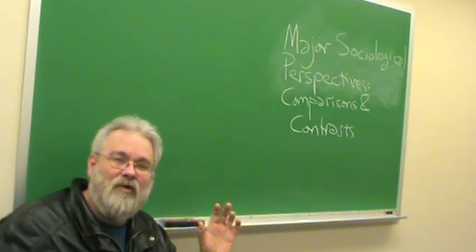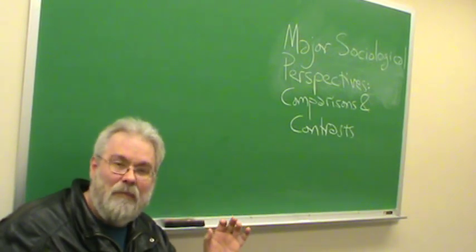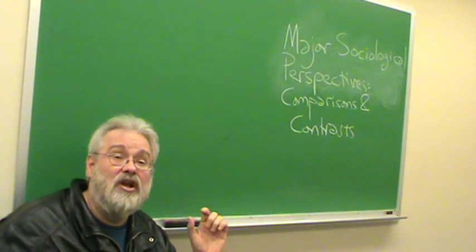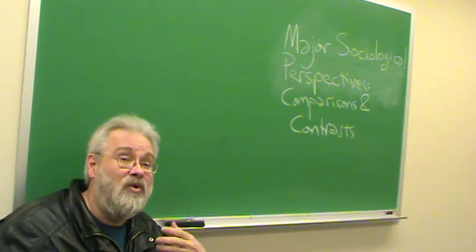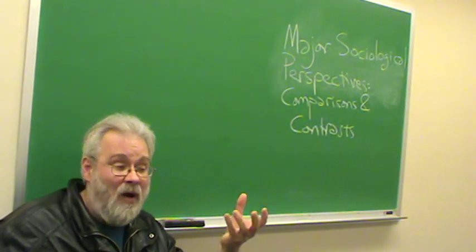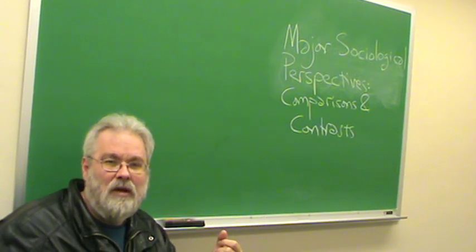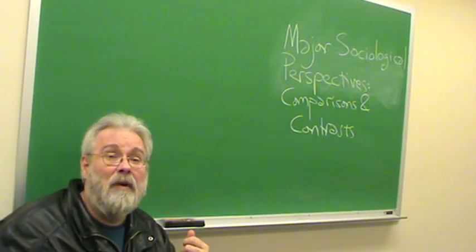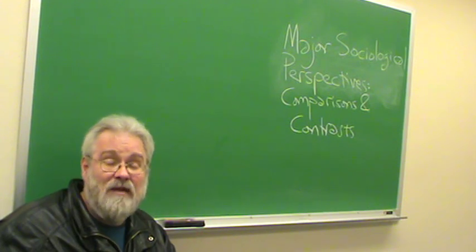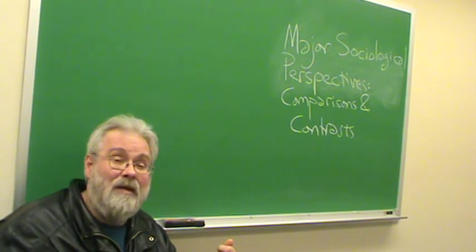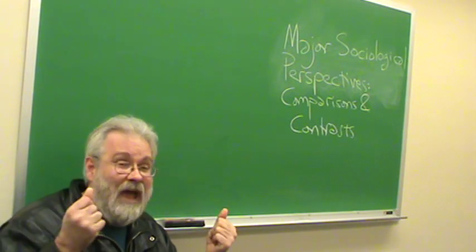They ask different questions. They focus on different variables. And they often come to different conclusions. Once you really get a sense of how each of these perspectives views the social world, it'll be pretty easy to tell them apart. And while you might get confused occasionally, most times it's going to come, well, that fast.